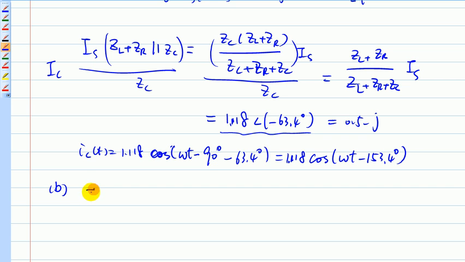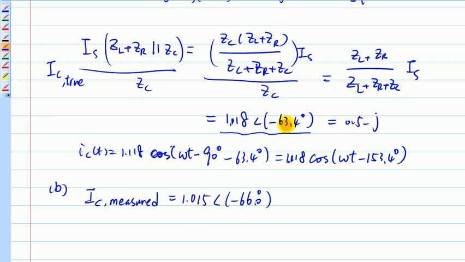So that's what we call I true value, and this we call I measured value. This I measured value you would be able to get is 1.015 angle negative 66 degree. Now, if I do a little comparison here, this is 1.118, this is 1.015, so the amplitude is a bit different.